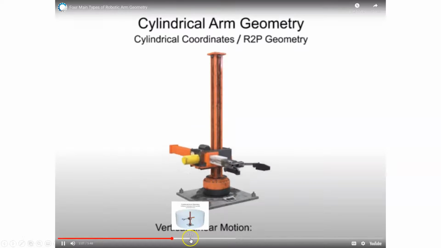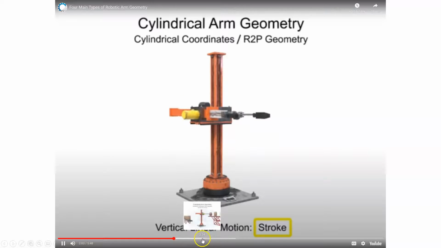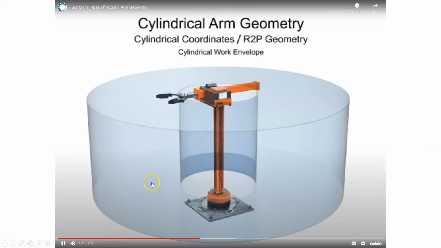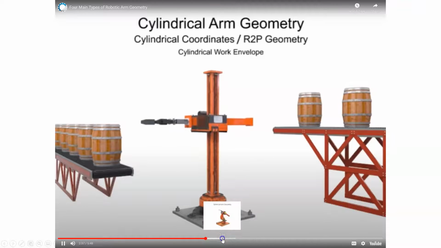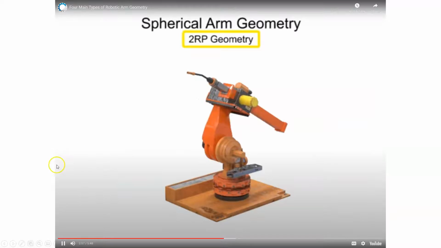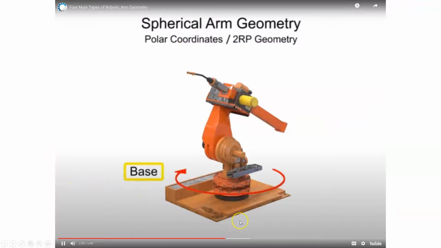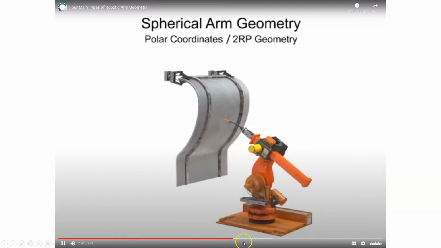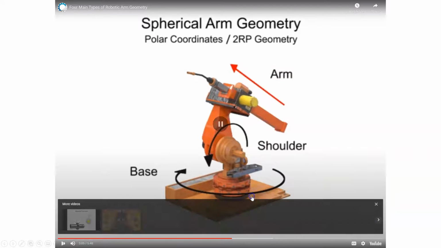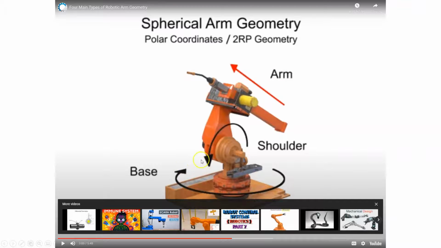All right, I'm going to move forward just a little bit more. This is a little bit about the work envelope. And we're going to look at now a spherical arm robot. These look very similar to a 5-axis robot, right? But if I go back here and pause it, notice that we're missing basically 2 axes.